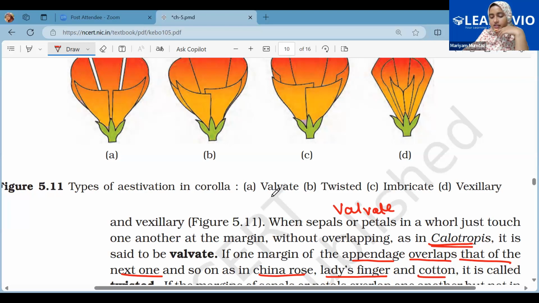Then you write, there is no overlapping between the petals or sepals.